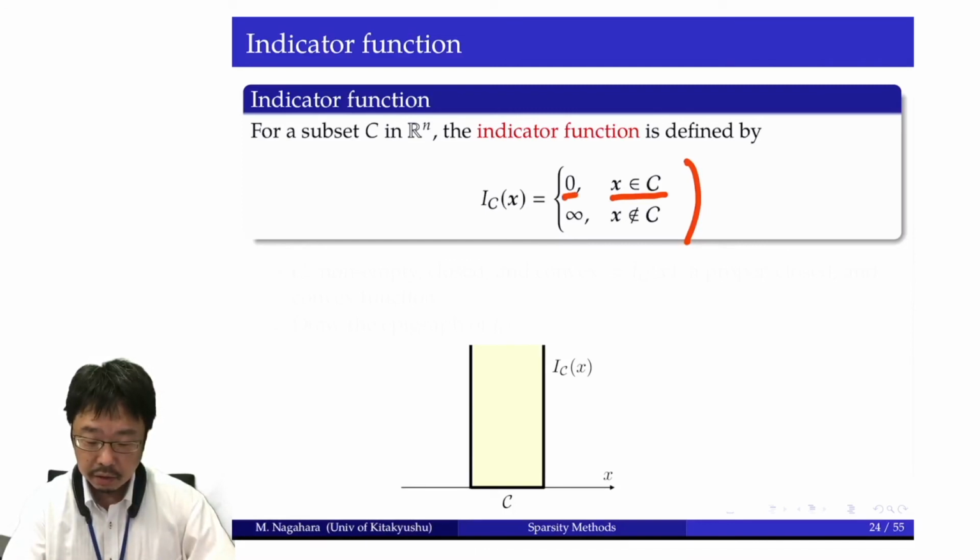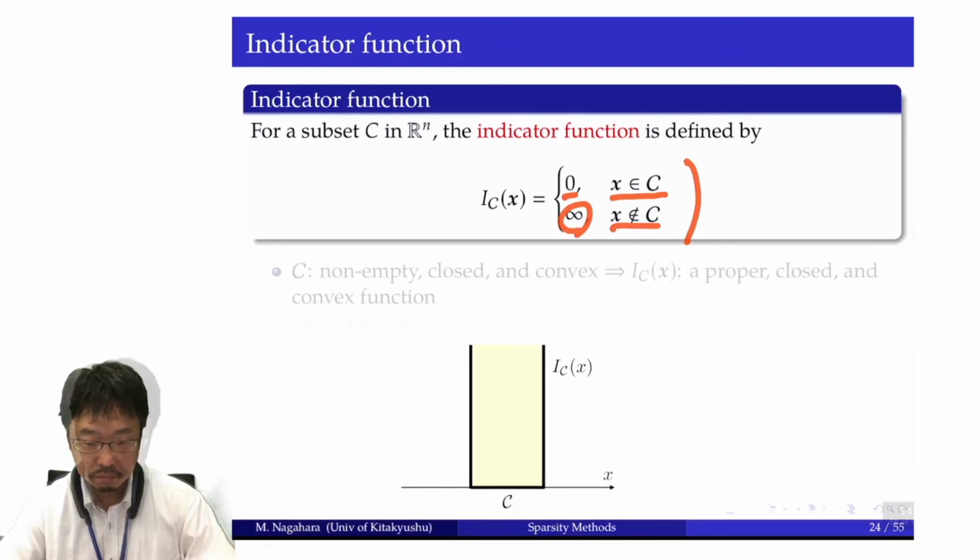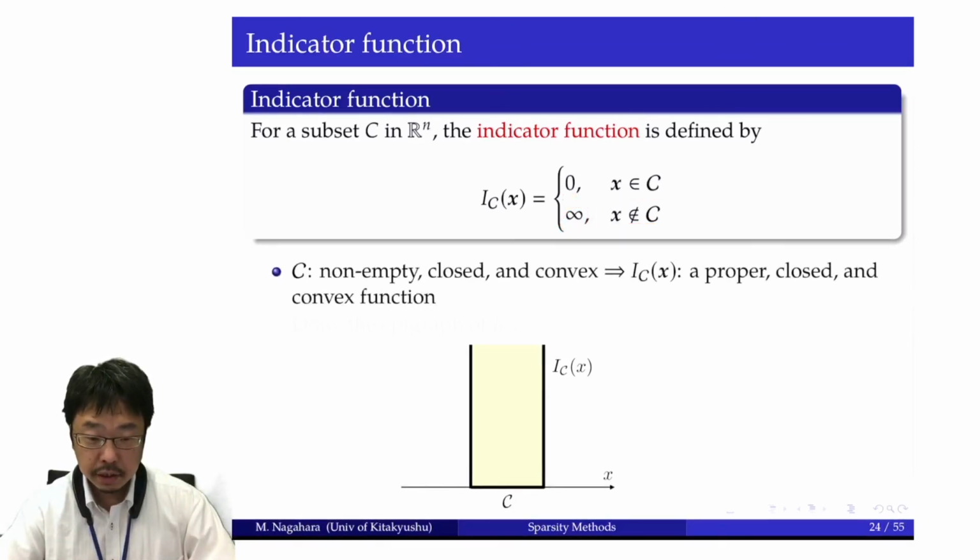On the other hand, if x is not in C, then the indicator function returns the infinity. This is the indicator function. If C is non-empty, closed, and convex, then the indicator function is a proper closed and convex function.